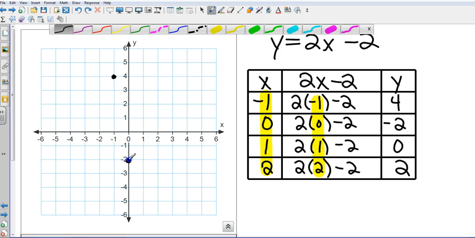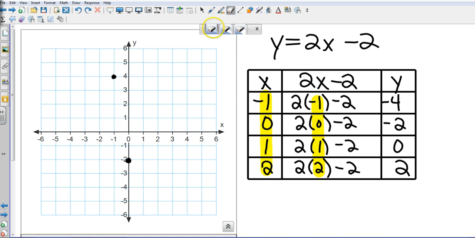What did I do here? Okay, here's the great part of math. I have made a mistake in the first column. And let's go through the first row again. I plugged in -1. 2 times -1 is -2. -2 minus 2 is -4. So I made a huge mistake there.